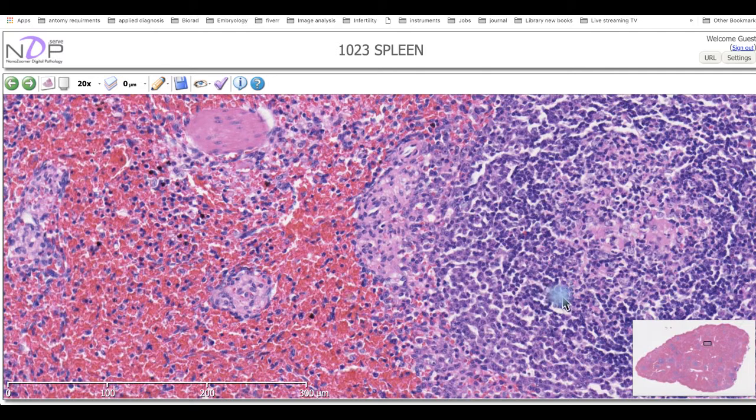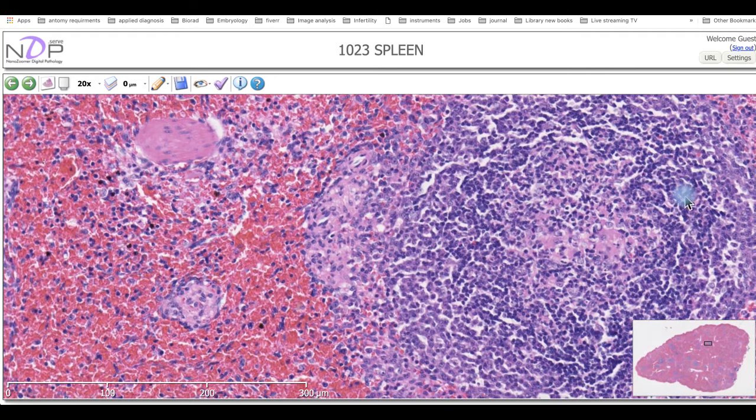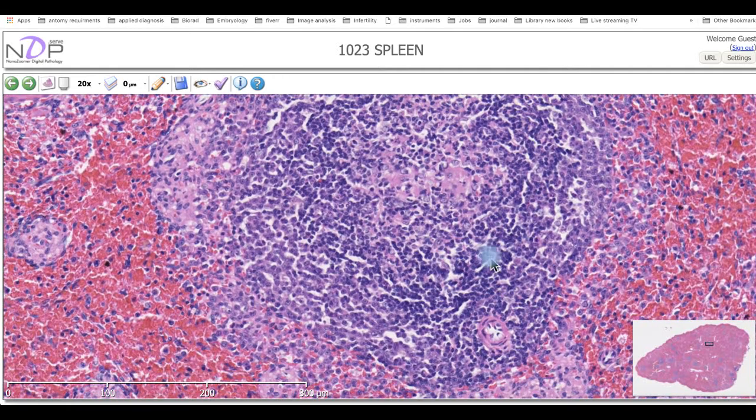All these cells found here are lymphocytes, and mostly the other cells in this area are the cytoreticulum, which is the supportive tissue of these nodules. And you can see here clearly this is the central arteriole or nodular arteriole.